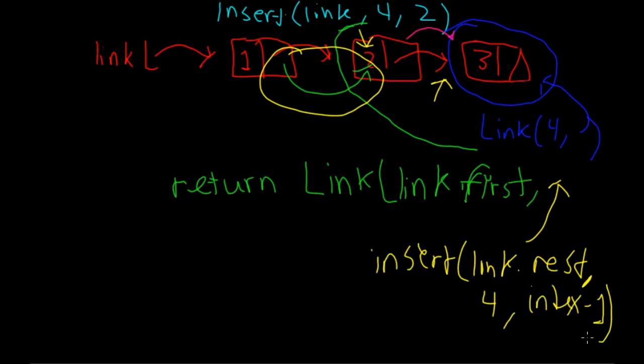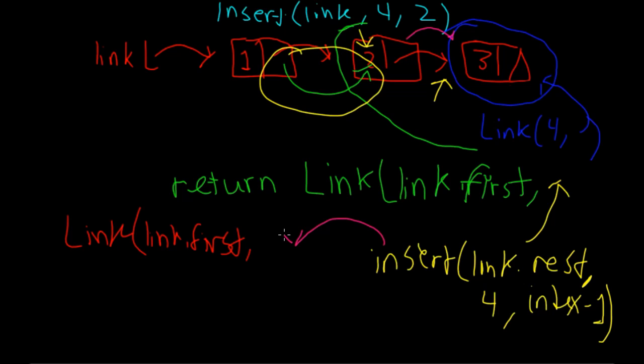Just so I'm a little more clear, here's our definition, so don't get confused. Inserting into a linked list in this case is just a matter of creating the link with link.first, because remember, we still need to keep track of whatever elements we pass through, and then insert on link.rest for an index minus 1. So that's how this works.